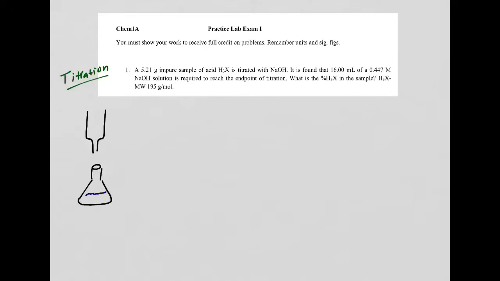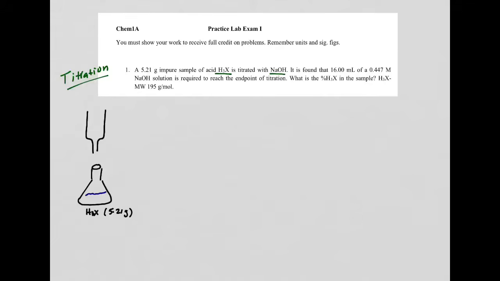Now, when you read this problem, you have a sample of an acid. The acid is H3X, and you have 5.21 grams of it, okay? And you're titrating it with sodium hydroxide.